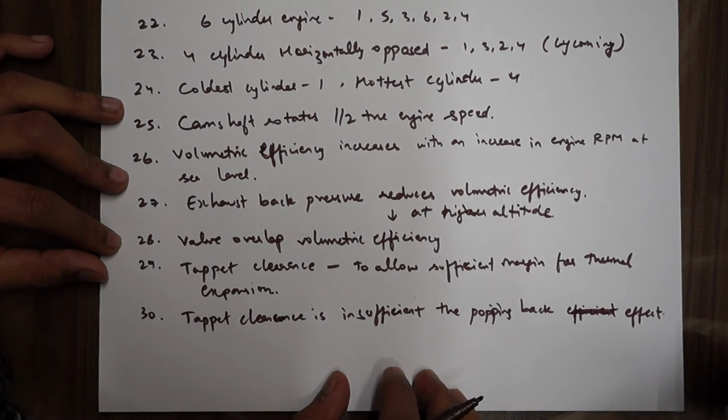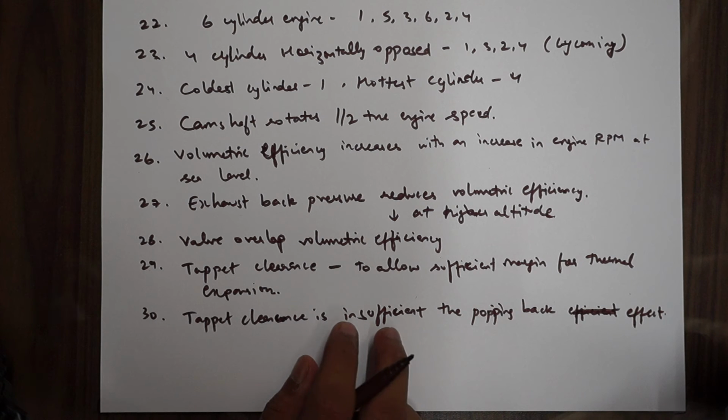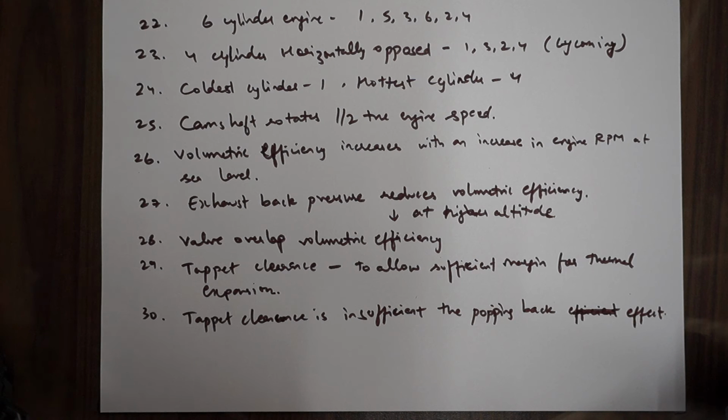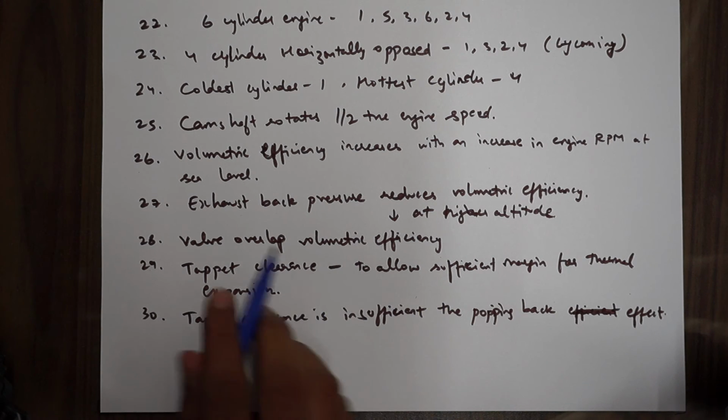There will be a popping back effect because the tappet clearance is insufficient, so thermal expansion is not possible, so that the engine will pop back into the induction manifold, where your mixture is actually coming in.